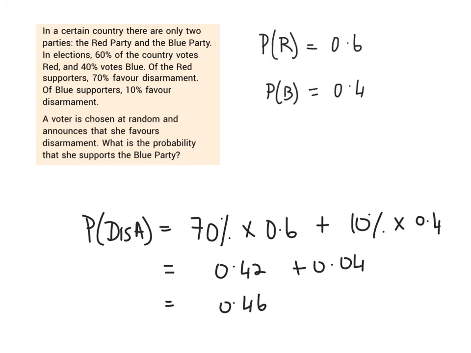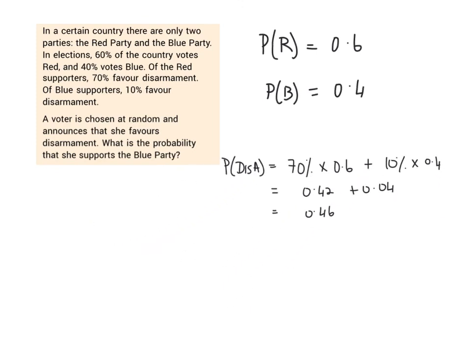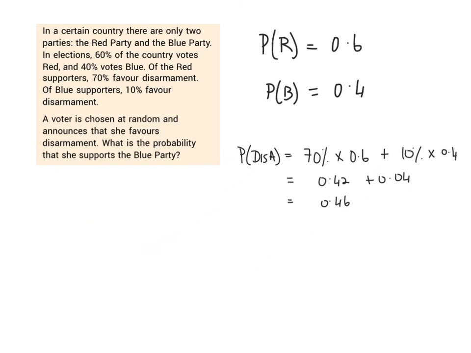Okay, so that's the first bit. Then a voter is chosen at random and announces that she favours disarmament. What is the probability that she supports the blue party? So what are we looking for here? We're looking for the probability that she is a supporter of the blue party given she has voted for disarmament.